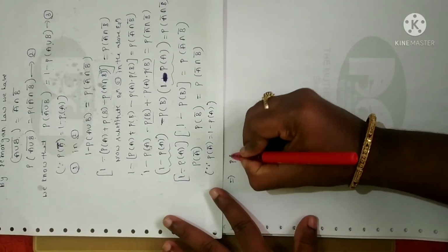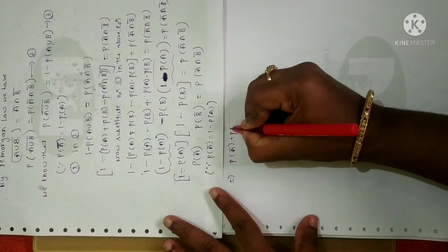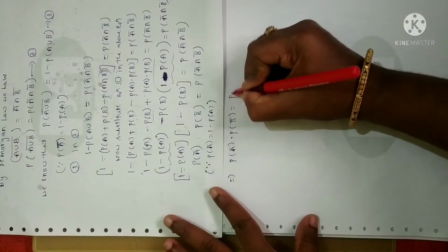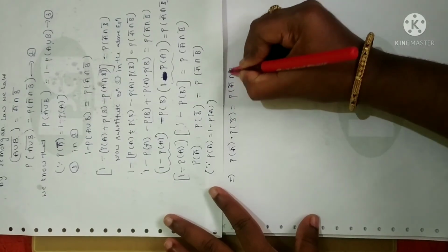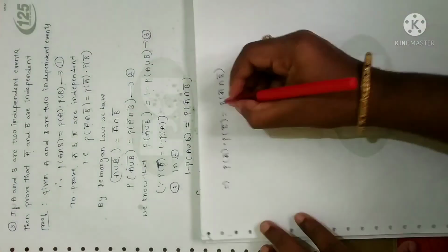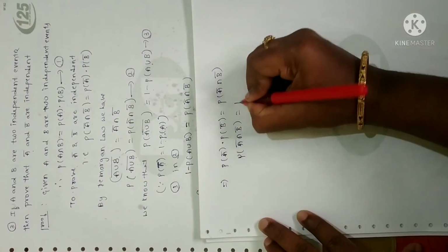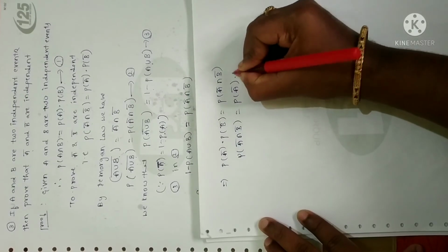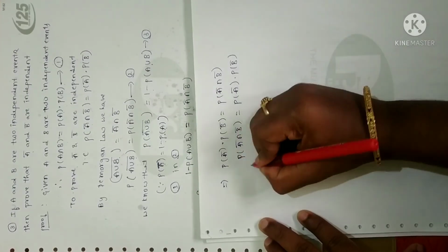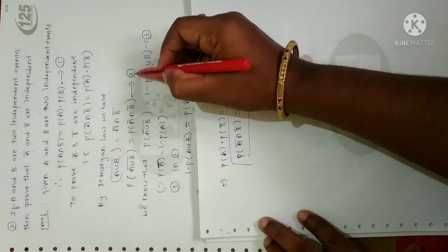Now let me continue here. This implies probability of A bar into probability of B bar is equal to probability of A bar intersection B bar. Now you can note that, I'll just interchange. See, probability of A bar into probability of B bar. Now look at equation 2.